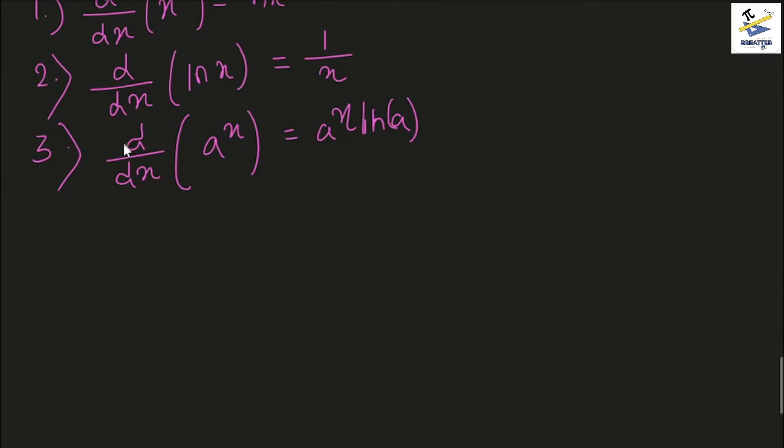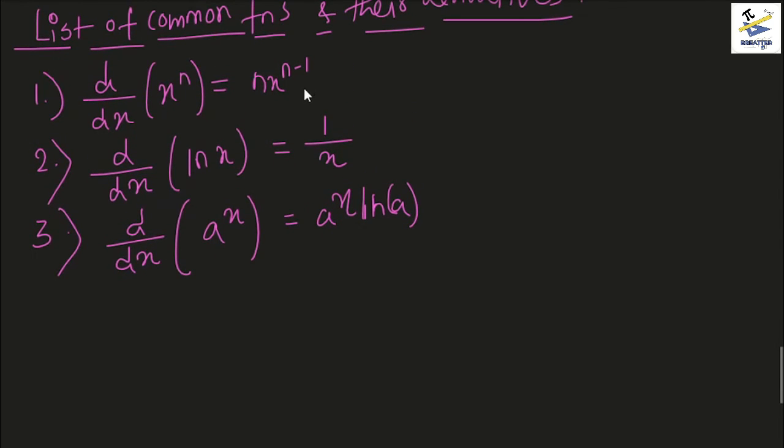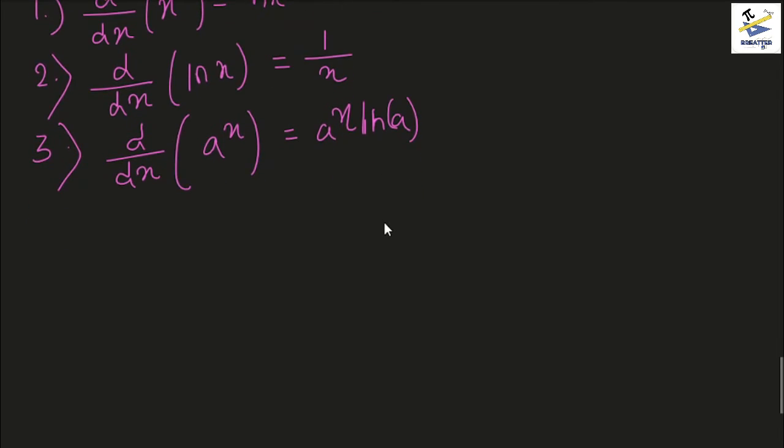So these are the three functions. Firstly, d dx of x to the power n is n into x to the power n minus 1. d dx of ln of x is 1 by x. d dx of a to the power x is a to the power x into log of a. Number 4, is a to the power x. Number 5.